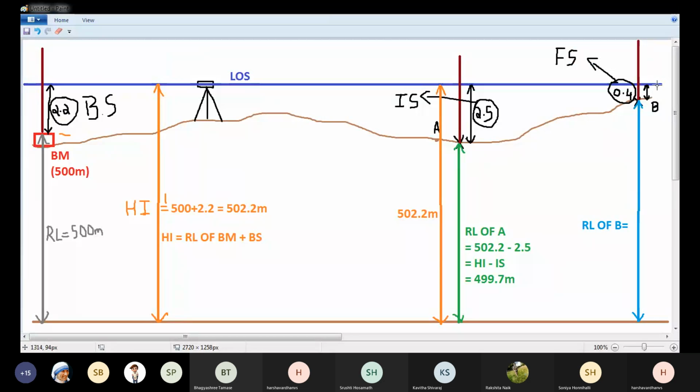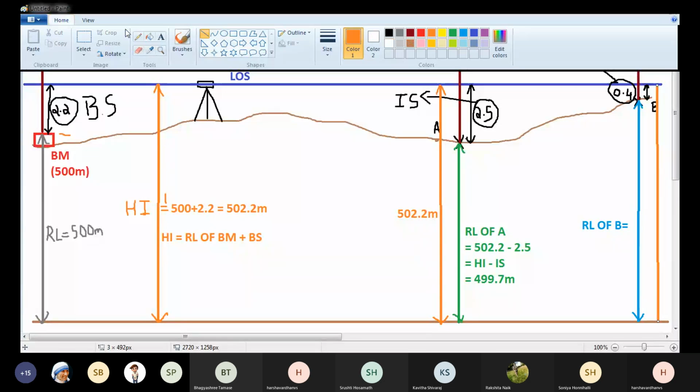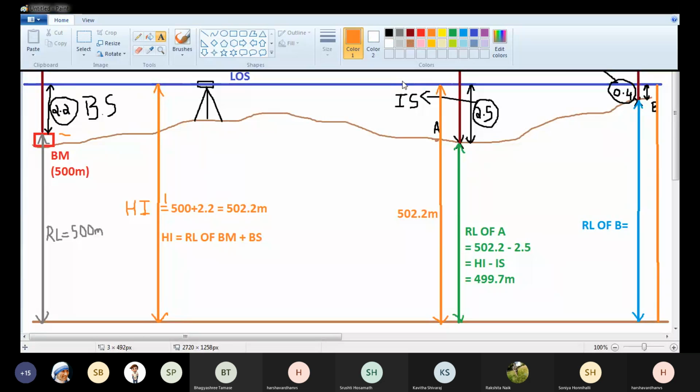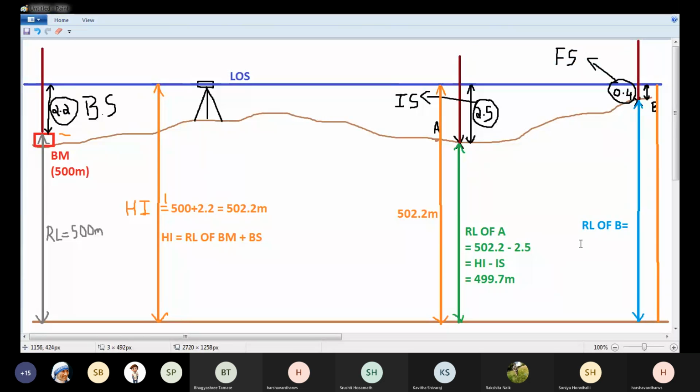So this is the elevation of line of sight. From this elevation, if I deduct this staff reading, I can calculate the RL or elevation of point B.